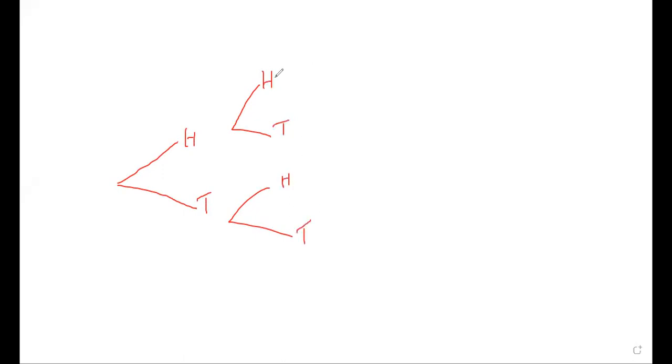So the outcomes of the sample space here will be a head and head. The second outcome could be what? A head and tail. Third outcome would be what? A tail, then head. The fourth outcome would be what? A tail and tail. These are the only possible outcomes. So far, are we together?